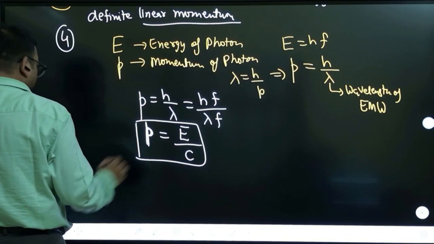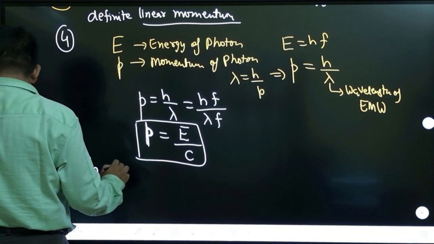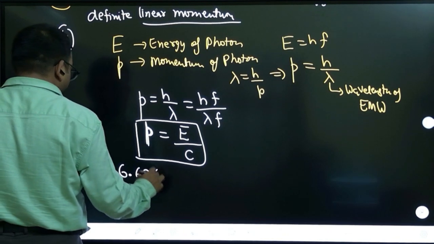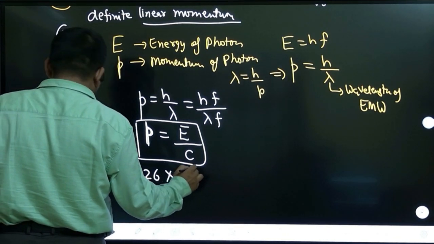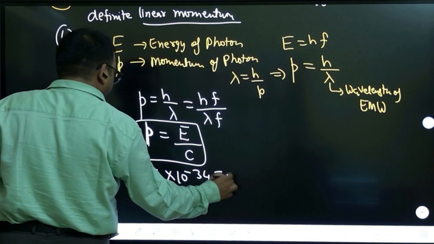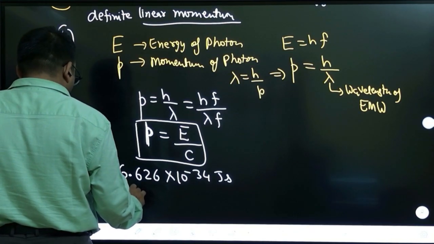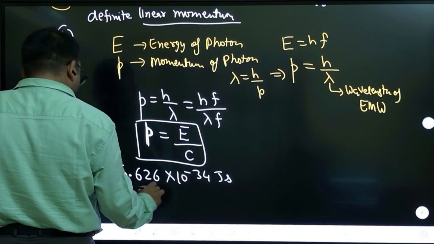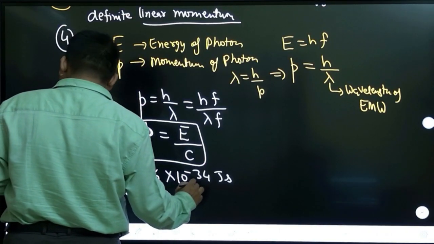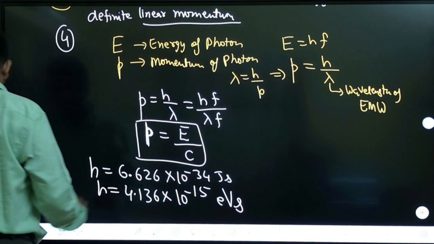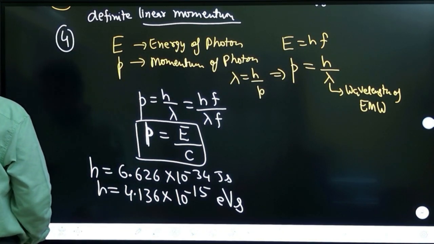This Planck's constant h which we are talking about, the actual value is 6.626 into 10 to the power minus 34 joule second. It can also be written in terms of electron volt second as 4.136 into 10 to the power minus 15 electron volt second. Sometimes we can use this.